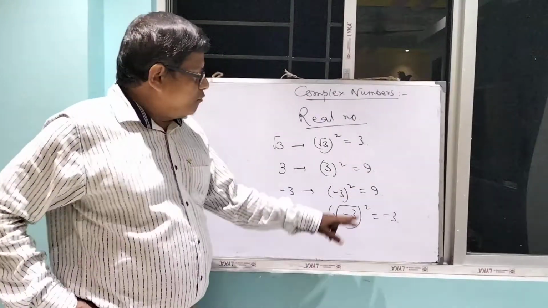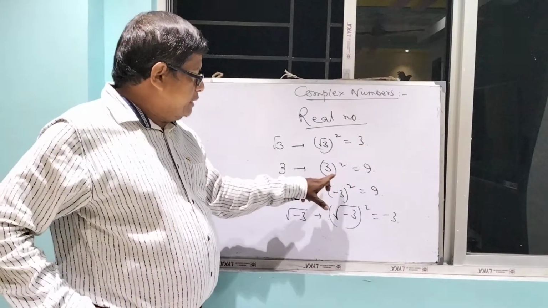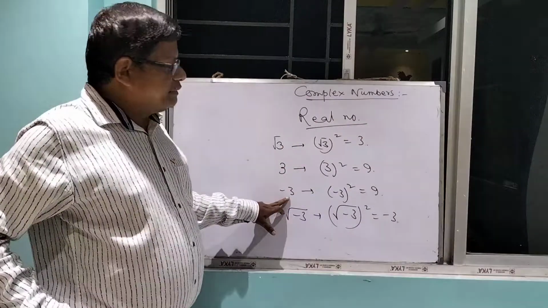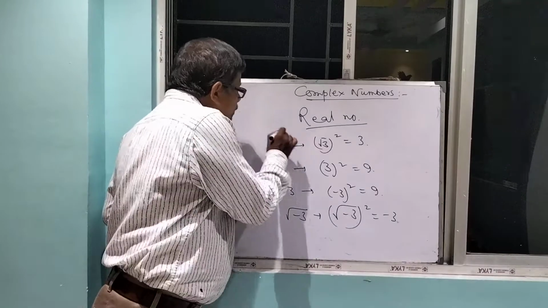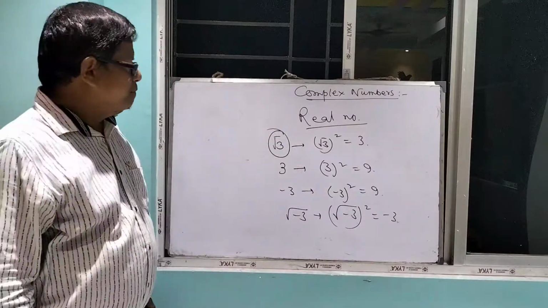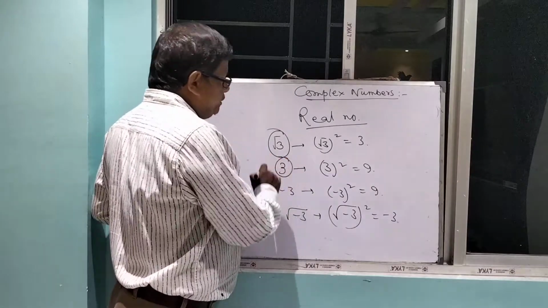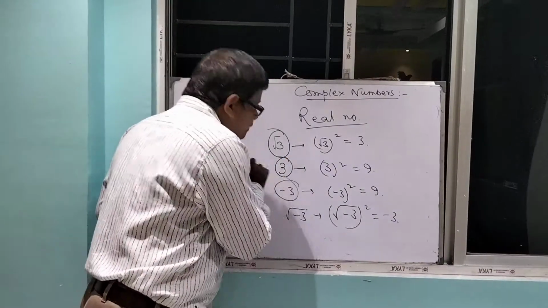So its square is positive, and the square of minus root 3 is also positive. So root over 3 is a real number, 3 is also a real number, and minus 3 is also a real number.